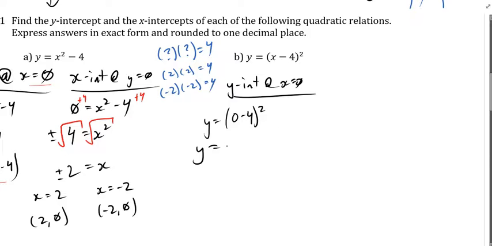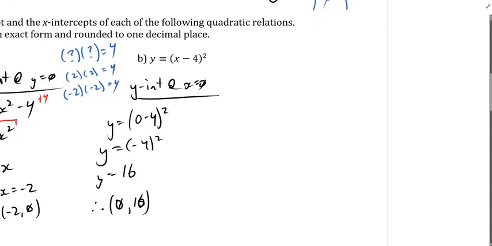Brackets. What's 0 minus 4? Negative 4. What's negative 4 all squared? 16. Therefore, x is 0, it says so right up there, and y is 16. So the point is (0, 16). See what I mean? Y-intercept's easy, but you can make mistakes. It does get a little bit trickier, but as long as you're careful with your BEDMAS, you'll be fine.